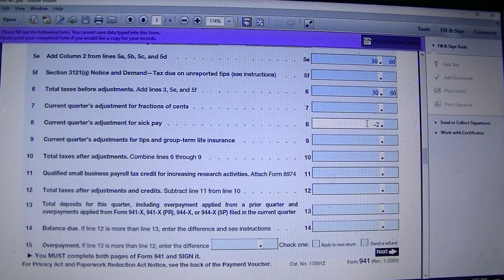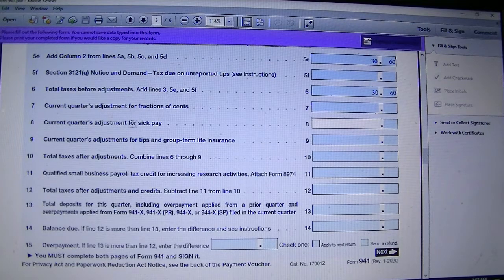But if you are using software that is not allowing you to use a negative sign, then you can use the parentheses, but you are required to use minus in front of the number, not parentheses, unless the software does not allow you to use a negative sign. So you'll put that adjustment here with that negative sign.